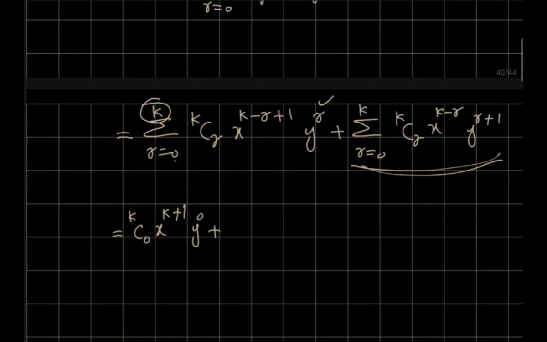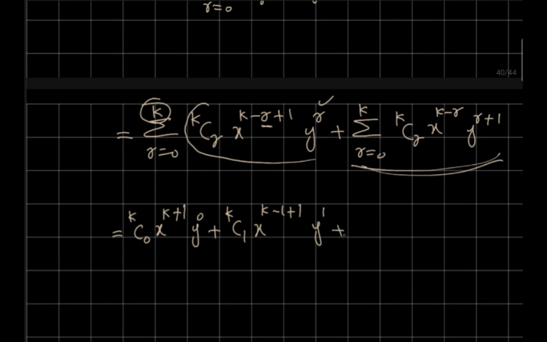Now put r is equal to 1, you will get again this expression kC1 x to the k minus 1 plus 1. We are putting r is equal to 1. Now y to the 1.